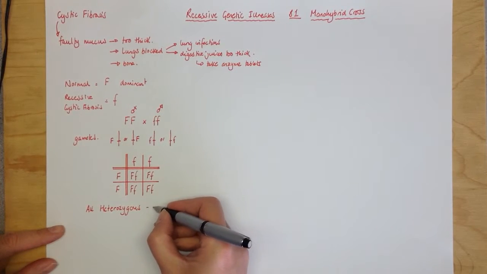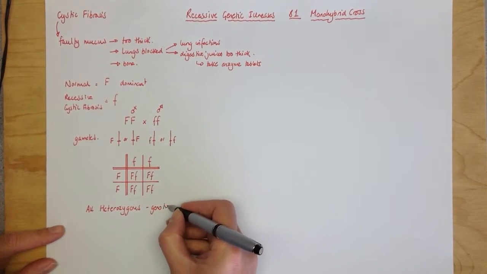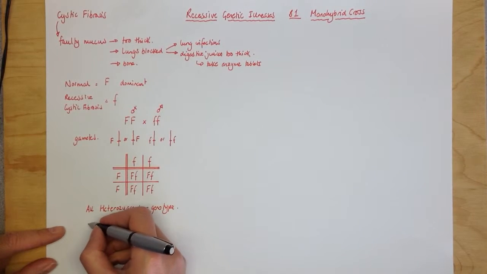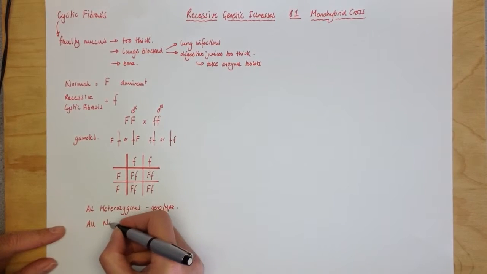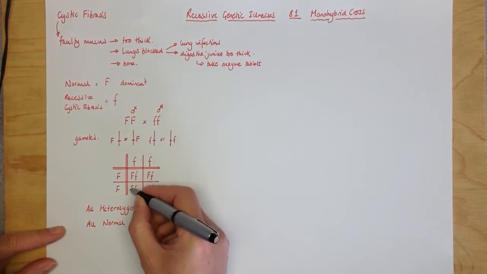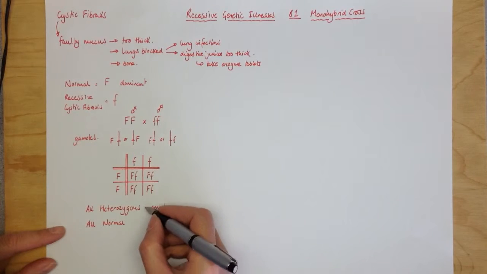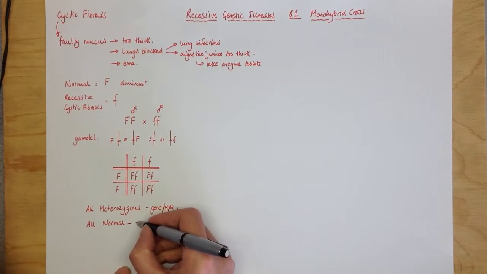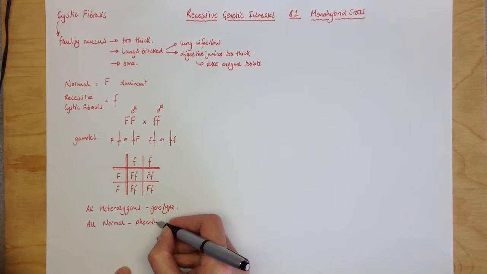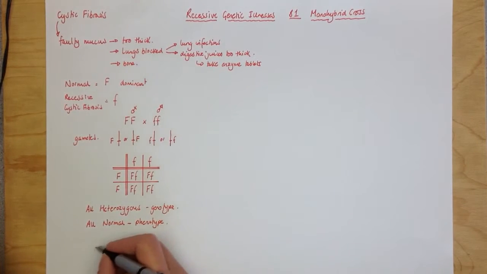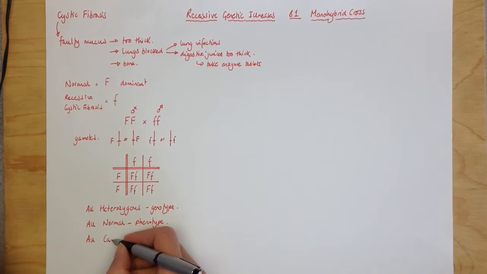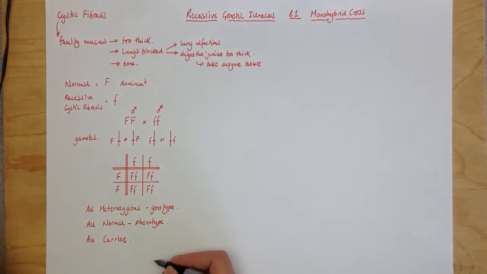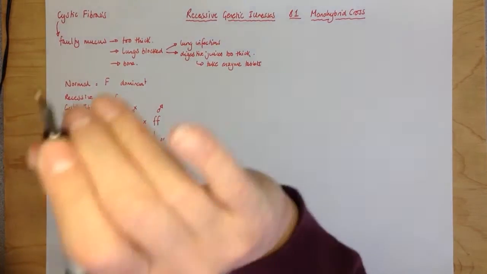That's their genotype. Okay? They would all be normal because they all carry the normal dominant gene, which covers up the effect of the recessive gene. So that's their phenotype. Okay? But we also say, because all the children have the recessive allele, they are all carriers of the cystic fibrosis gene.